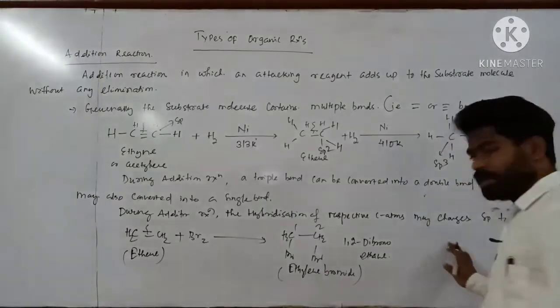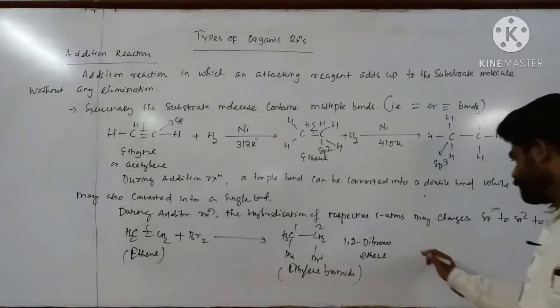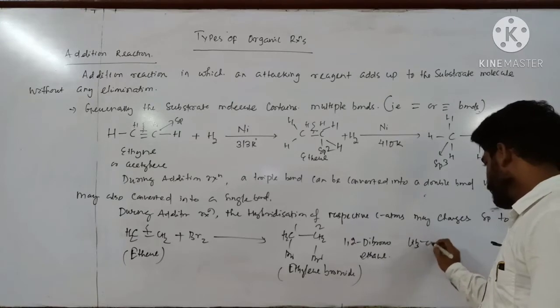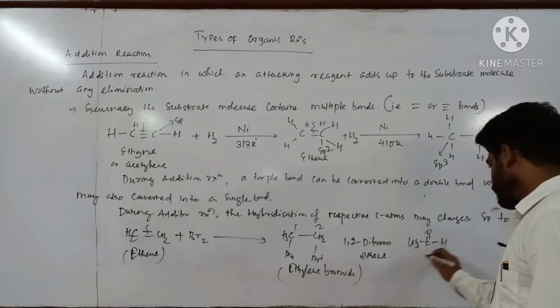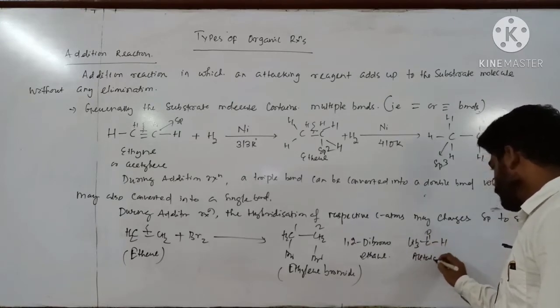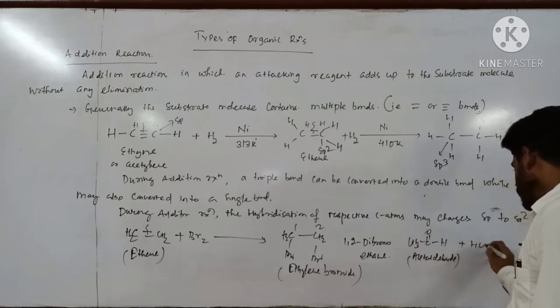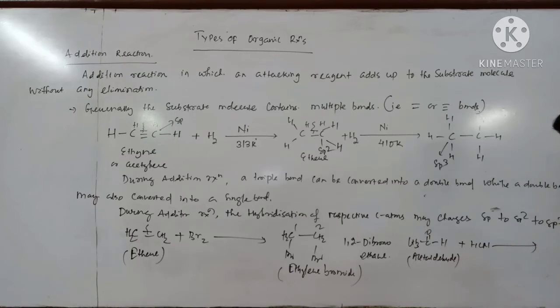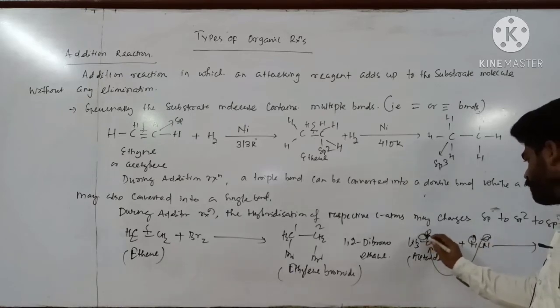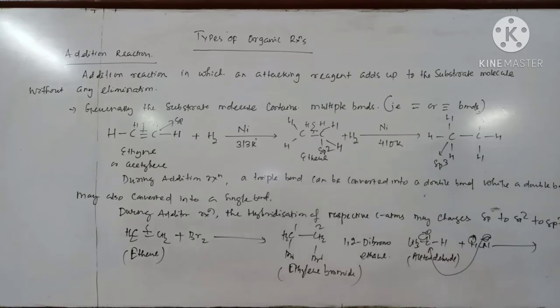Similarly, suppose I am considering acetaldehyde, CH3, C double bond O H. This acetaldehyde is treated with HCN. How addition takes place? H plus, CN minus. CN minus comes like this, and this pi bond goes to the oxygen atom. So you are getting CH3, CHOH, CN.